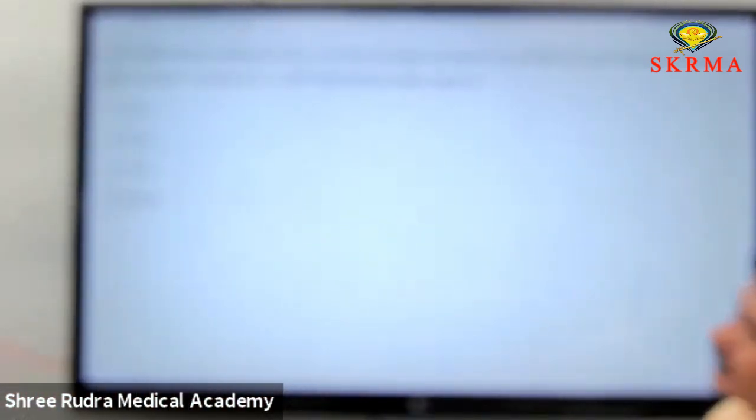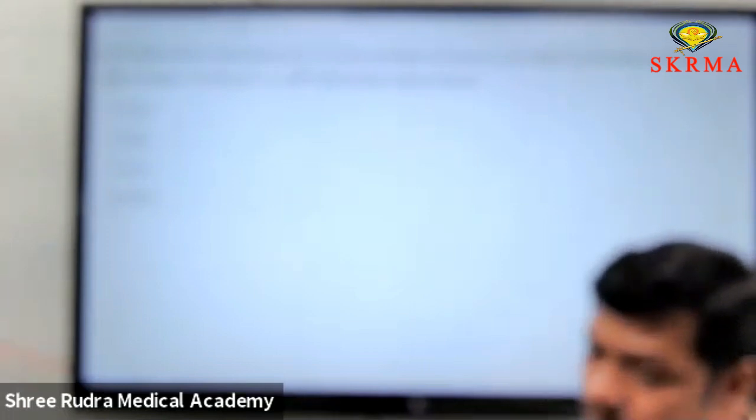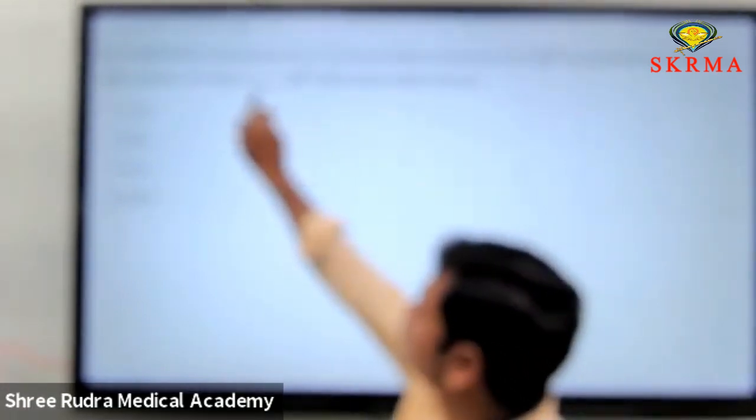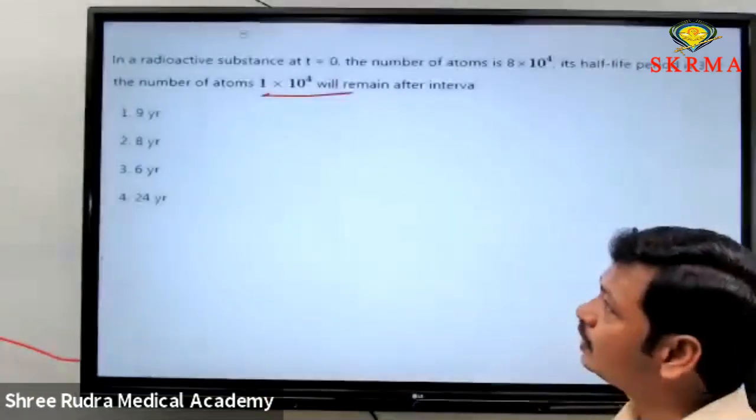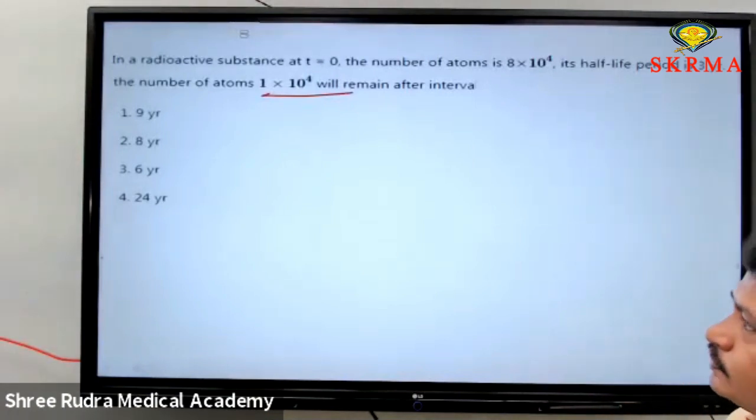Let's see. In a radioactive substance at T equals 0, the number of atoms is 8 into 10 power 4. Its half-life period is 3 years. The number of atoms 1 into 10 power 4 will remain after what interval? We have to calculate the time at which the number of nuclei left is 1 into 10 power 4.